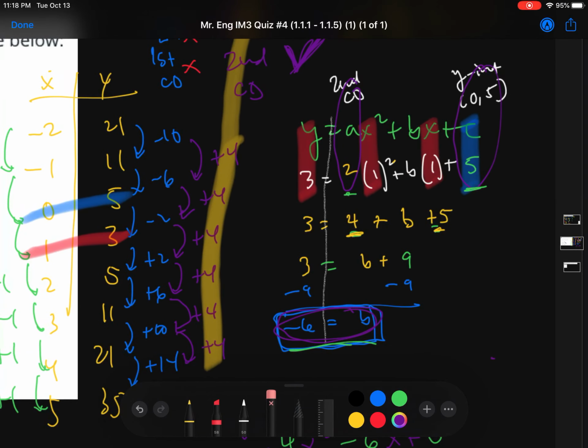Just this value right here. 1 squared is 1. 1 times 2 is 2. 2 plus 5 is 7. And if I subtract 7 from both sides, then b equals negative 4.